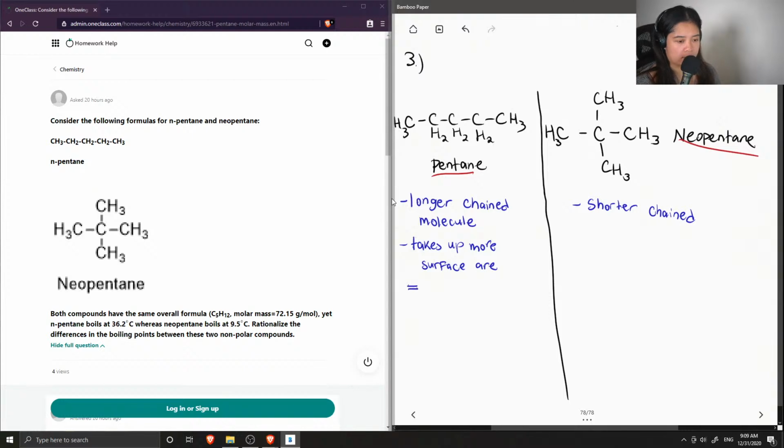And because of this, it feels stronger dispersion forces. So therefore, these longer chained molecules are expected to have a higher boiling point.